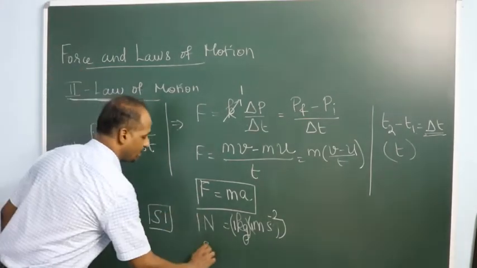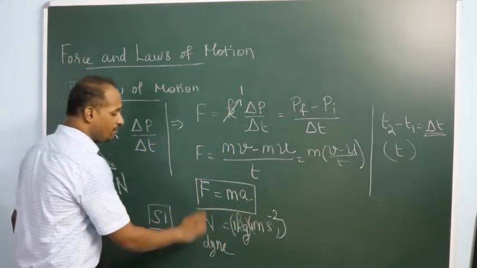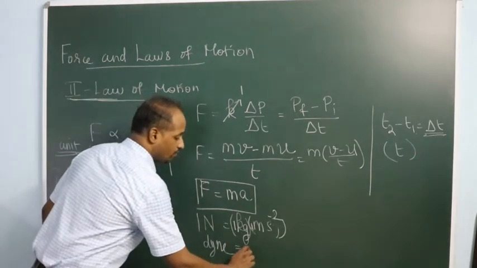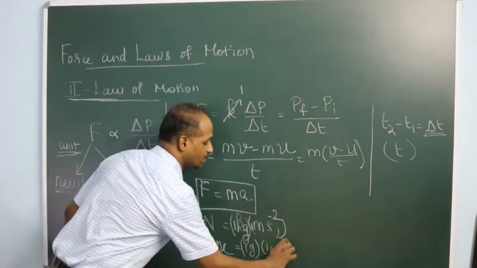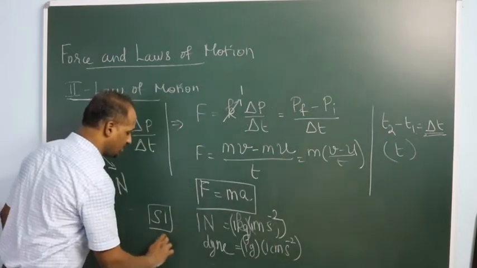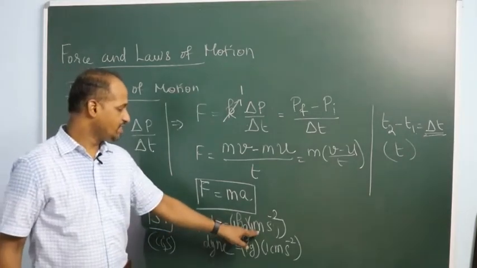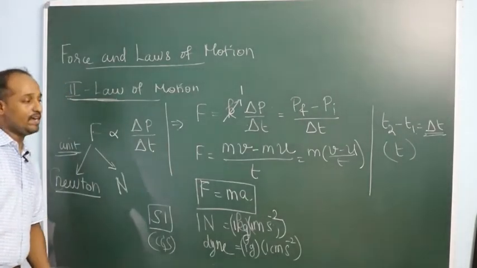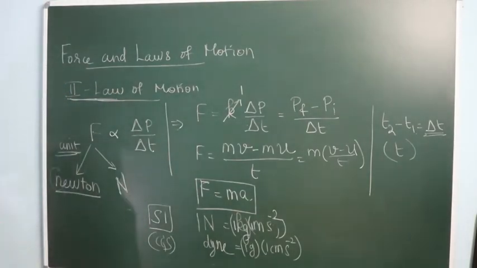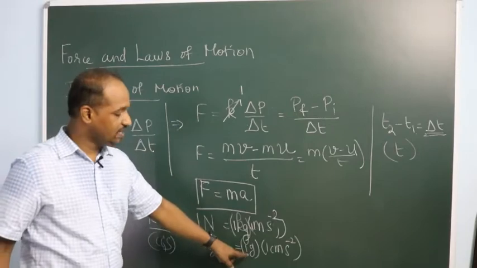is dyne, D-Y-N-E, dyne. If on a mass of 1 gram, the force produces 1 centimeter per second square, because in the CGS system mass is measured in grams and distance is measured in centimeters. That is why acceleration is centimeter per second square in the CGS system, and the mass is in grams.